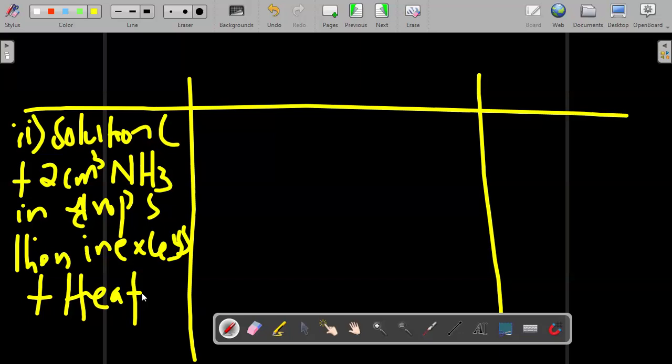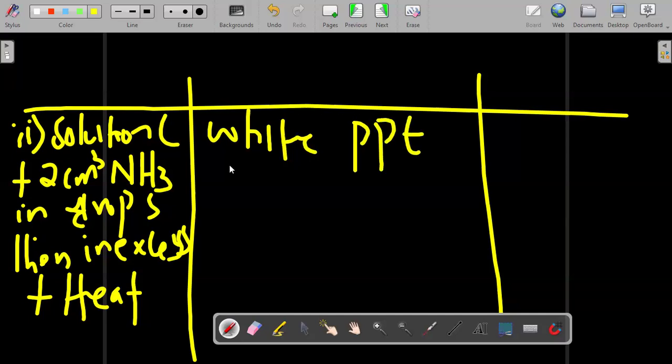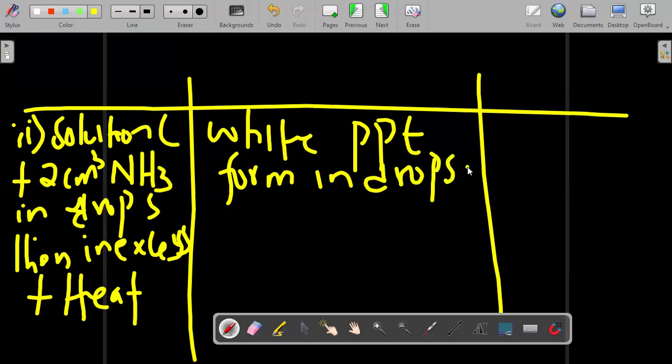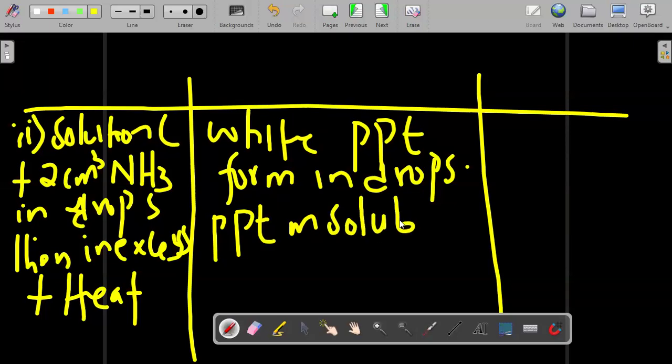So what are you going to see? I'm still going to see white PPT form in drops. Okay? Then PPT insoluble in excess. Okay? PPT insoluble in excess.